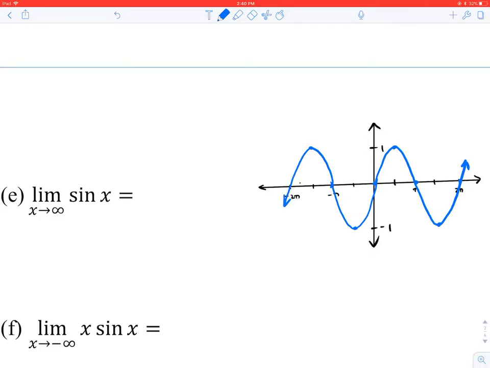So as x approaches positive infinity, there's no way to know whether the graph will approach a single value, because the graph is just bouncing back and forth between negative 1 and 1. So this limit is a DNE, and I'm just going to write underneath it: oscillating between negative 1 and 1.